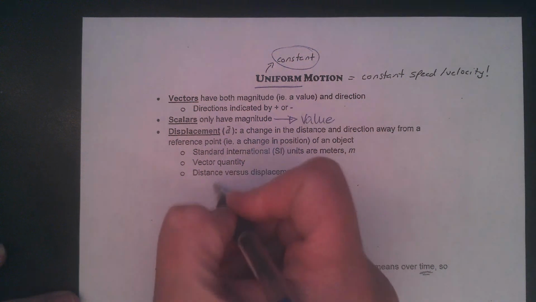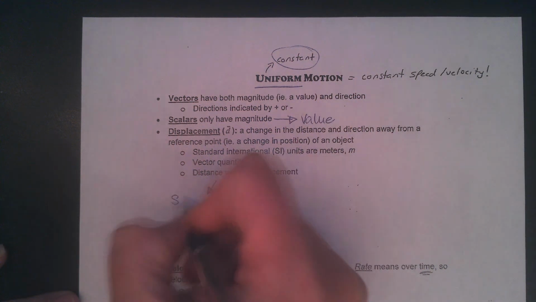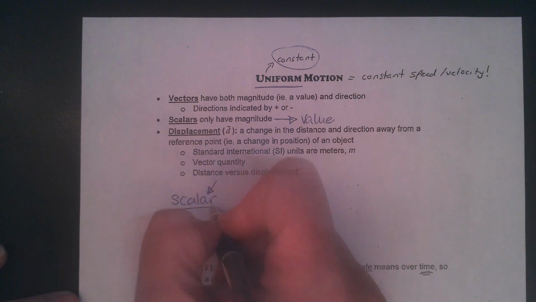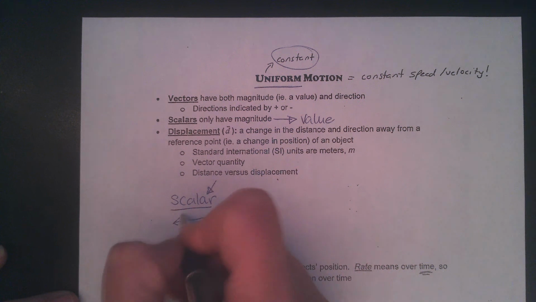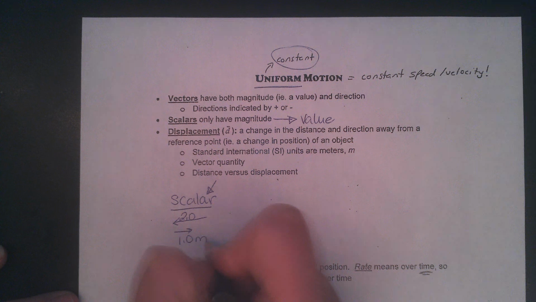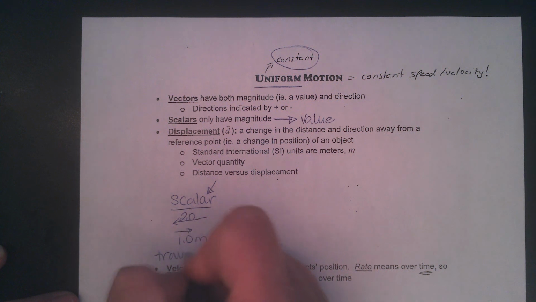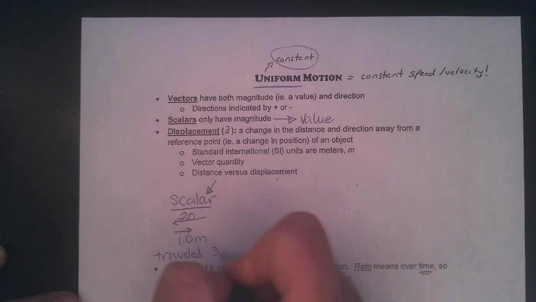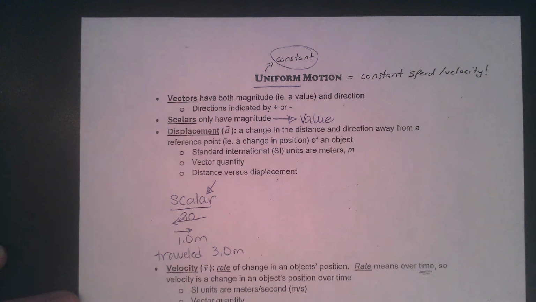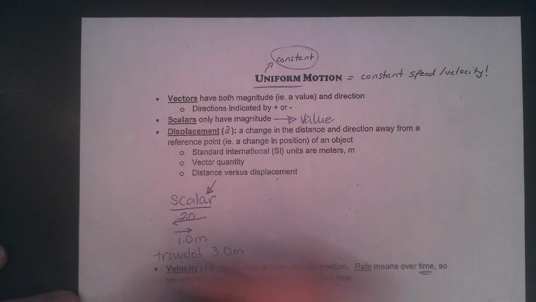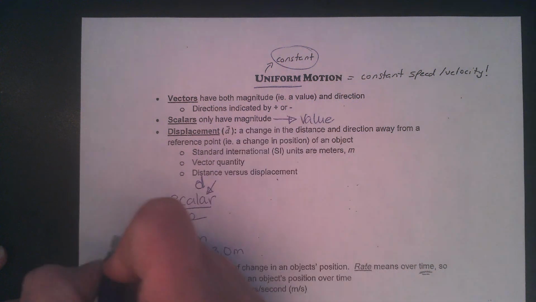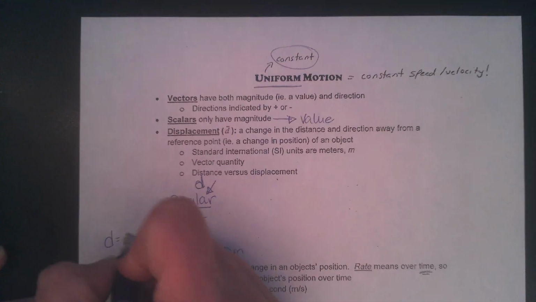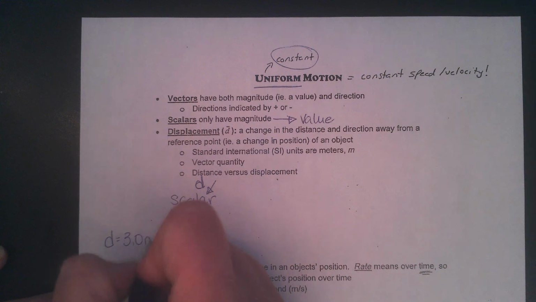Distance, very specifically, is a scalar quantity. It has no direction. If I traveled 2 meters this way and 1 meter this way, I traveled 3.0 meters. It's the sum. So distance is indicated by the letter d. And so I would say d is equal to 3.0 meters.